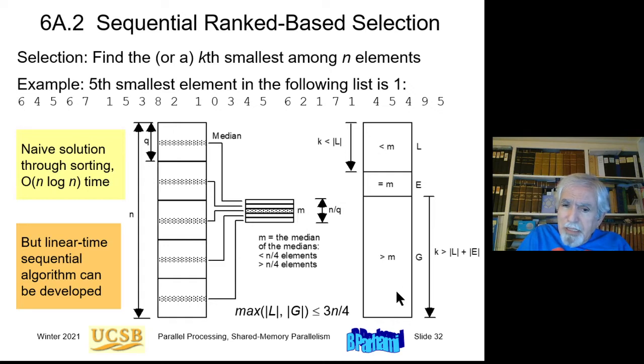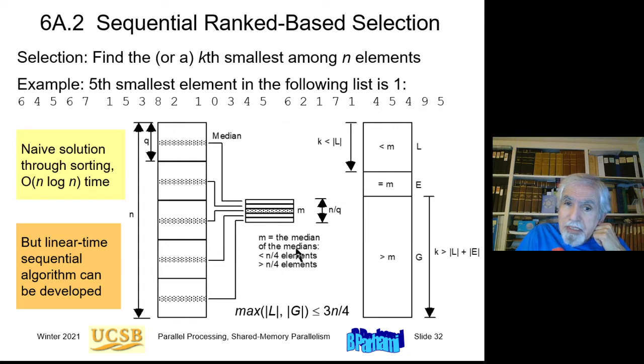I reorganize the list. Now, I can prove that the larger of these two lists, the one at the top and the one at the bottom, is no larger than 3n over 4, and therefore no smaller than n over 4.